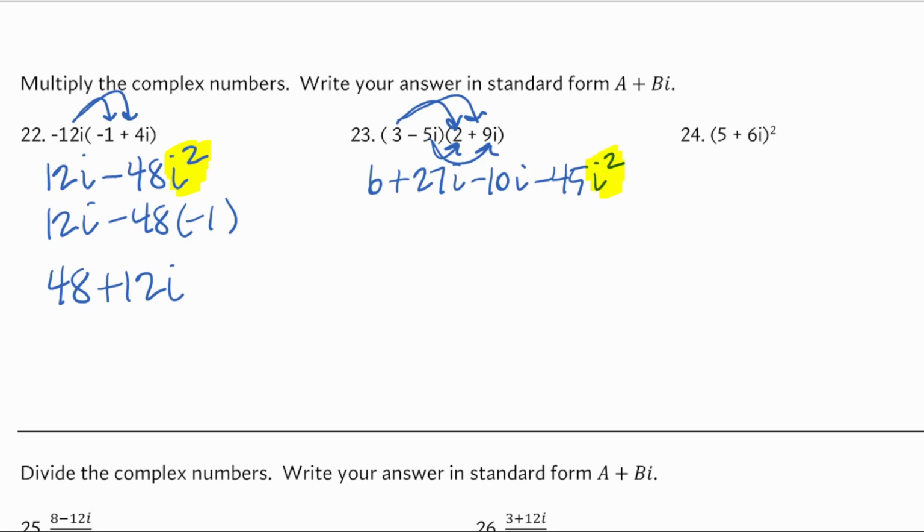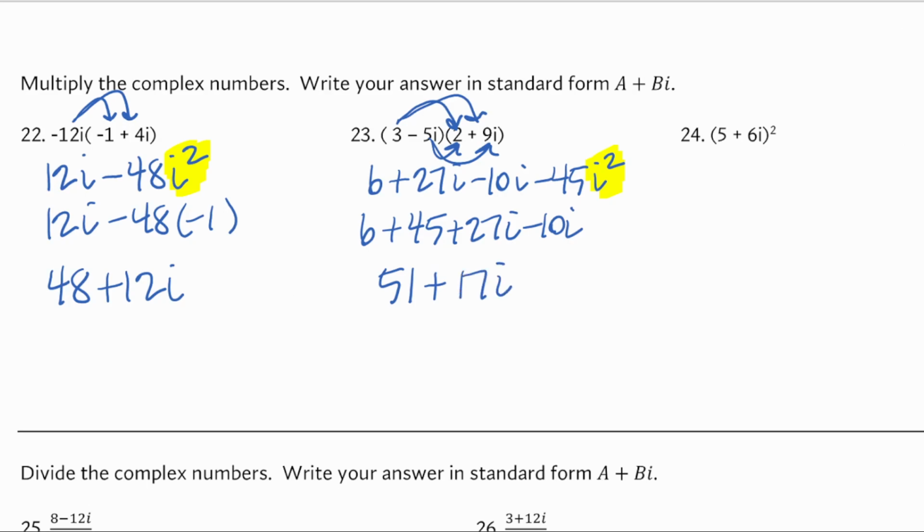Collect that i to the 2 term and say, all right, that's 6 plus 45 now, because negative 45 times that i squared is negative 45 times negative 1, which would be positive 45. And then plus 27i and minus 10i would be 17i, so 6 and 45, that's 51 plus 17i.